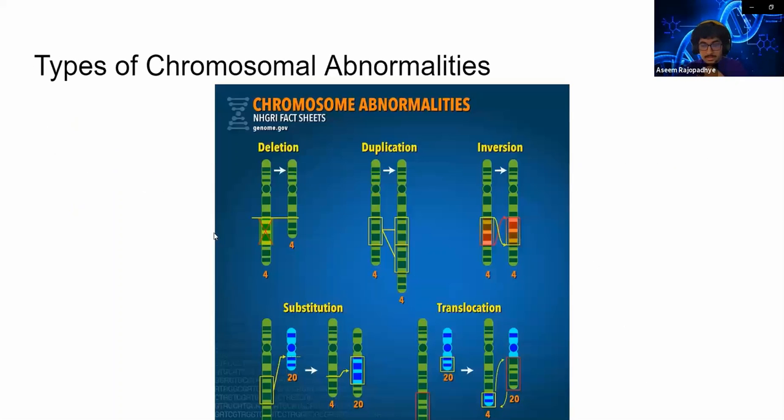And here are some of the chromosomal abnormalities shown. You have the deletion or removal of part of the chromosome, duplication, which is the exact opposite. Inversion is when the gene code is flipped. So say you have a gene code of AGCTCGAGCT.